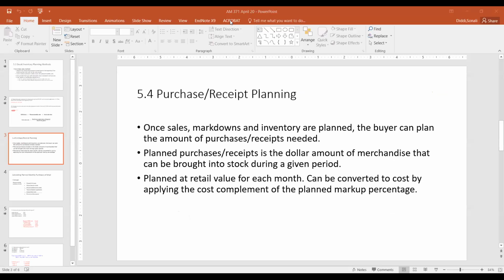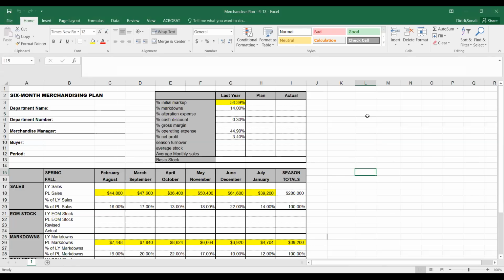So when we are, you all able to see an Excel sheet? No, it's a PowerPoint. Is it a PowerPoint? Okay, got it. Now, do we all see an Excel sheet?